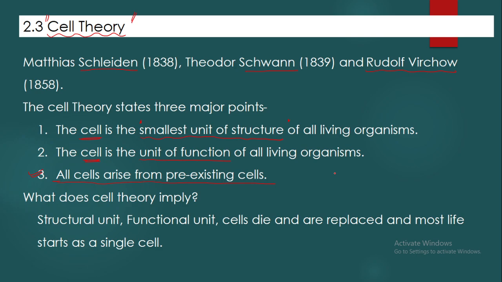Oh wow, this is a new type of cell. Do you think this cell would have come by magic? No, sir. Definitely there must be a cell before it, and from that cell only it will arise. This concept that cells arise from pre-existing cells was proposed by Rudolf Virchow.